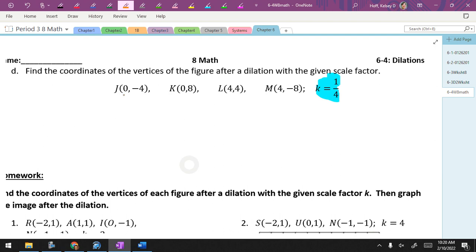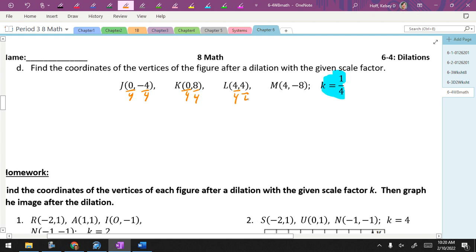So really we need to divide each of these by 4. So J prime, 0, -1. K prime, 0, 2.